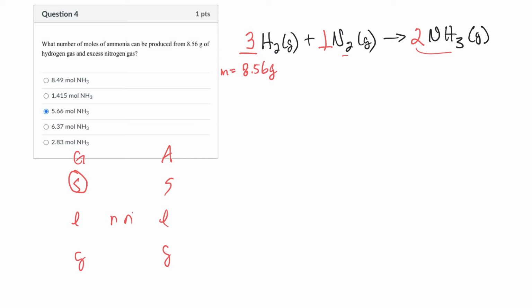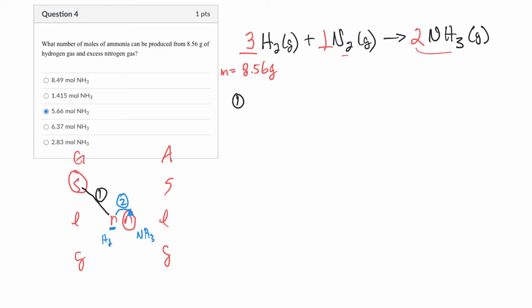So I just have to stop here. So the steps I'm going to be doing is to convert this solid, the grams, into moles. That'll be step 1. And then step 2 will be to go across the river to take moles. This side would be the hydrogen side, and this side would be the ammonia side. Okay, so 2 steps.